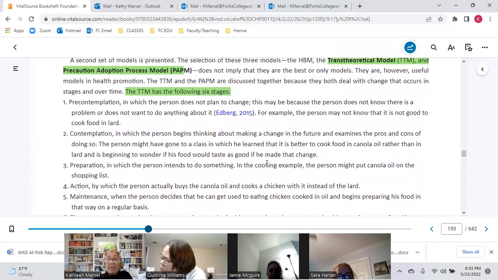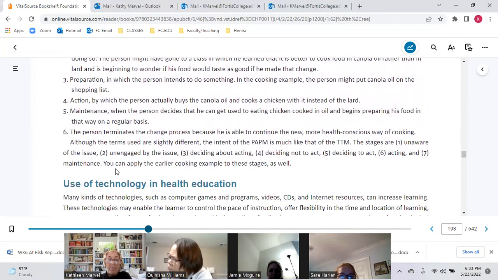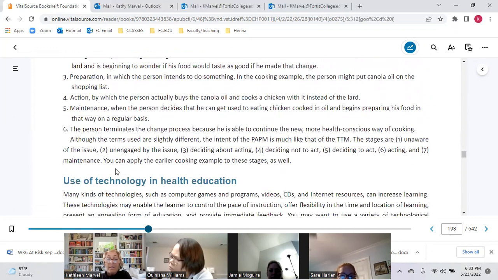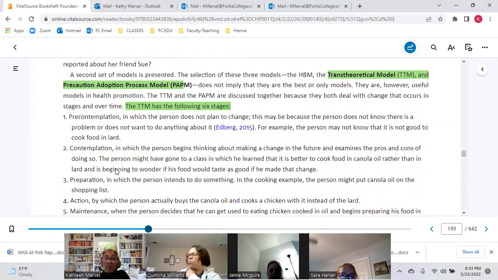Okay. This is more of a more complex training model, where you go through pre-contemplation, contemplation, preparation, action, maintenance. And then the person terminates the change process because he is able to continue with the new, more health conscious way. Okay.